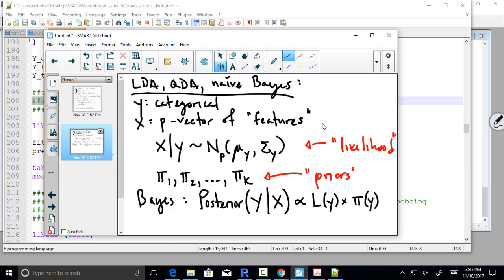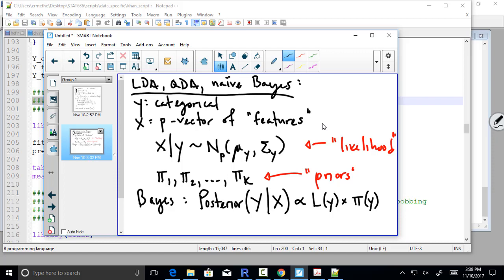Bayes' theorem is just a probability trick for switching the ordering of conditionals. A likelihood is basically a probability of seeing the data we saw for a given choice of parameters, or in this case, class membership.